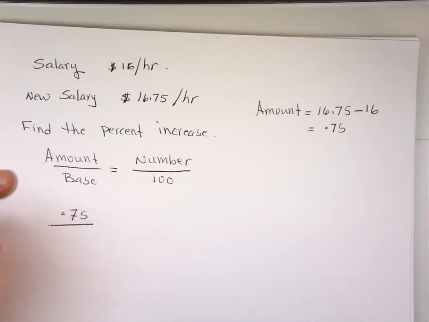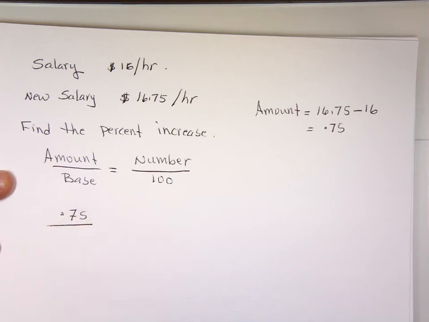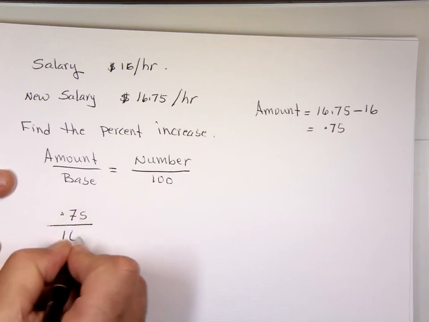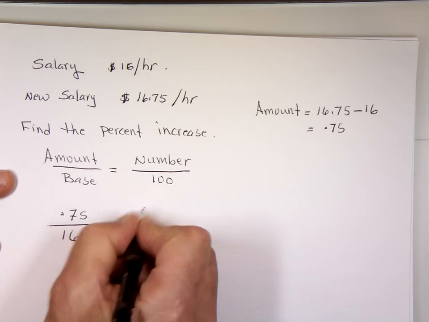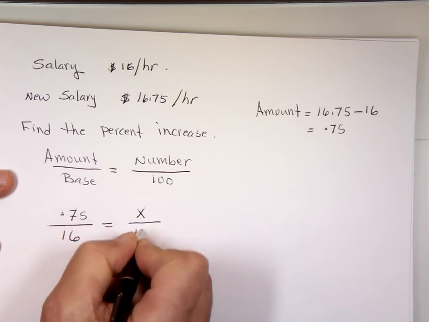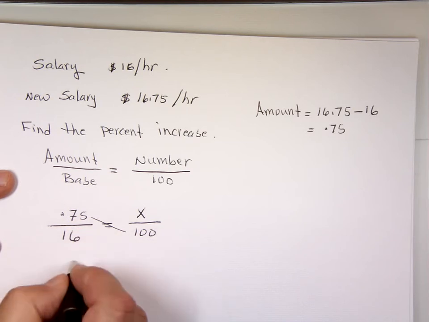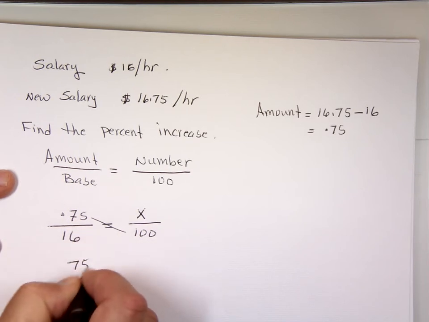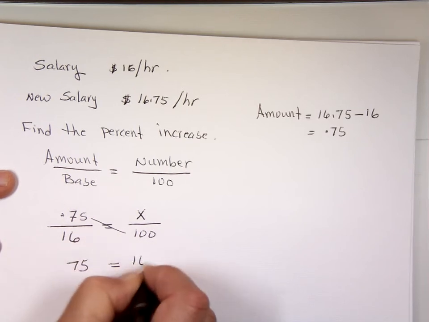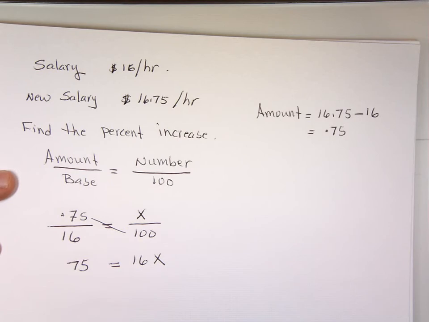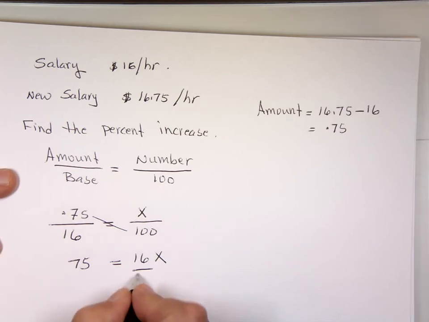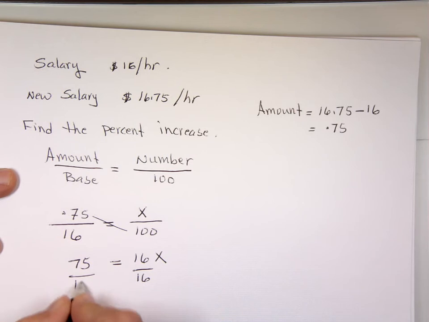The base is what? 16, what you started with, equal to x over 100. 75 equals 16x. To solve for x, you divide by 16.